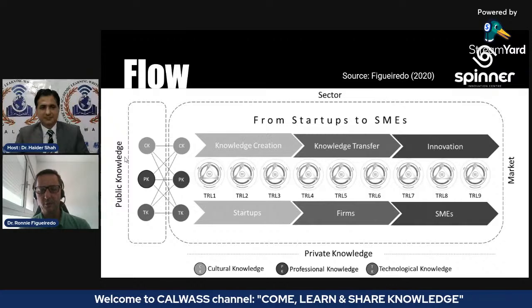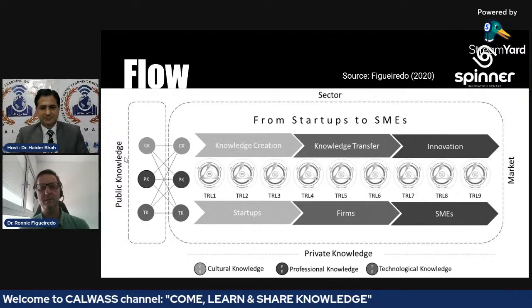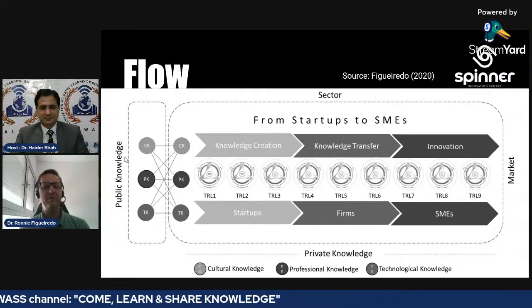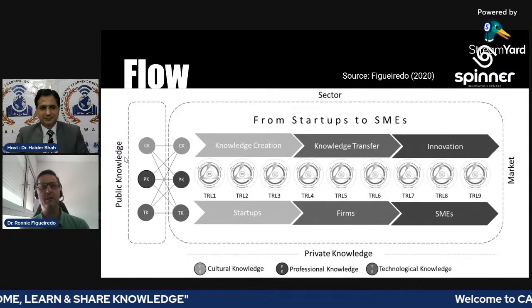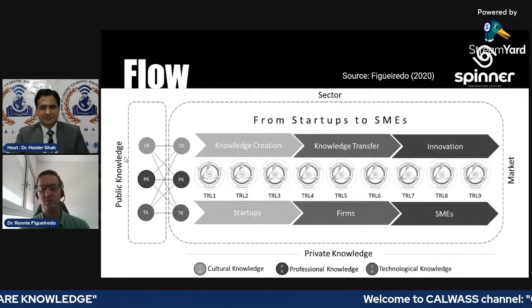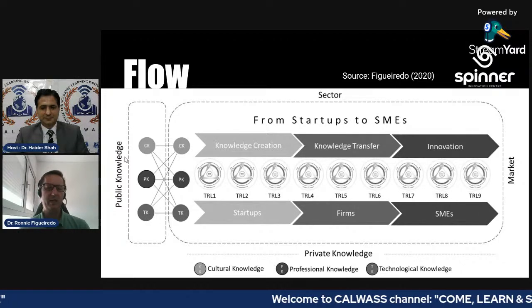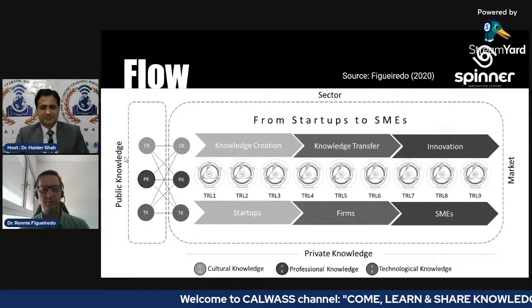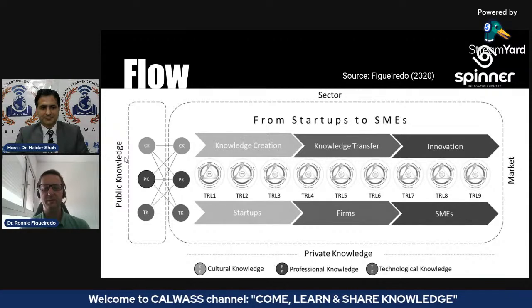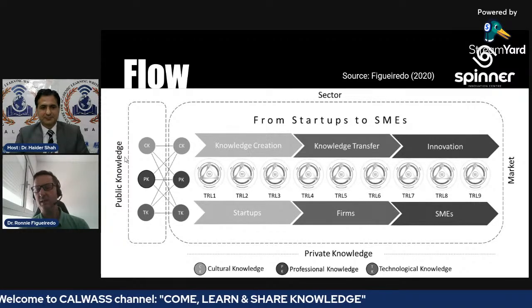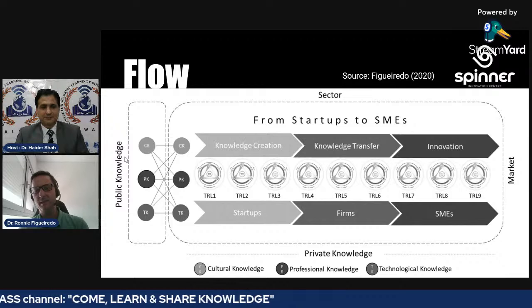I will create another scenario to be more clear. Imagine we are using this flow, but not from startup to SME, rather from university or research centers to SME. So I can change startup to universities, change firms to Spin Innovation Center, and leave the SMEs in the same place.